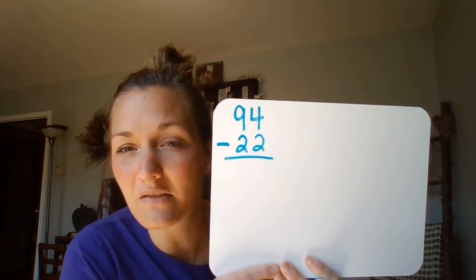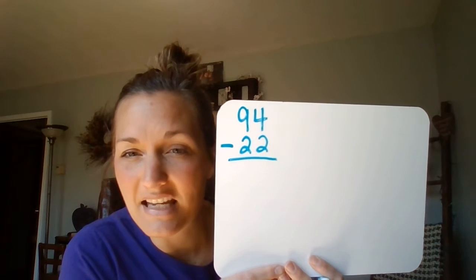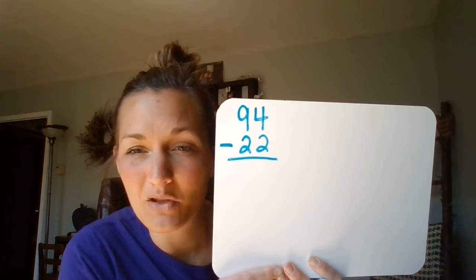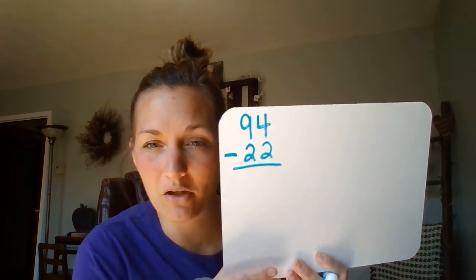So we're going to do 94, which would be 90 plus 4. And then 22 becomes 20 plus 2. I'm going to write those quick. So I'm writing out my expanded numbers. So 94 becomes 90 plus 4. 22 becomes 20 plus 2.